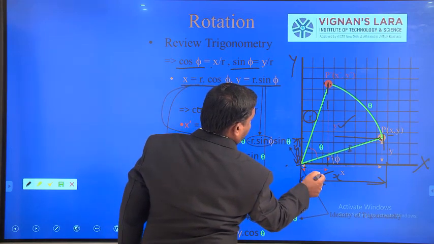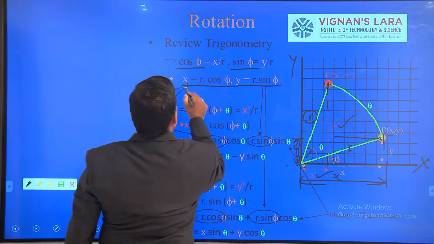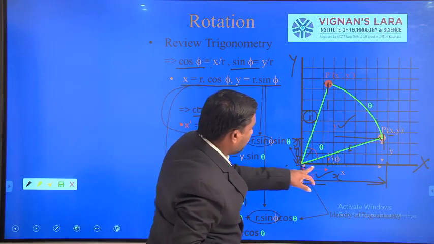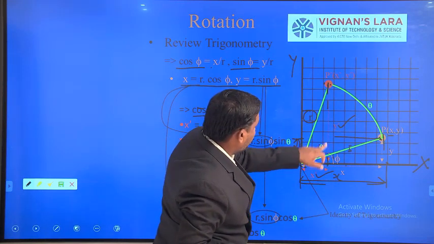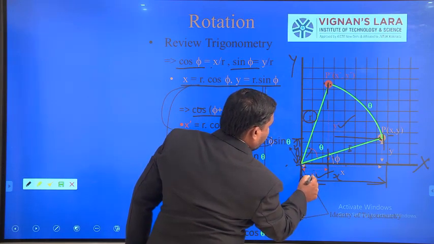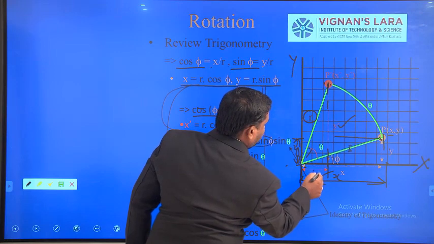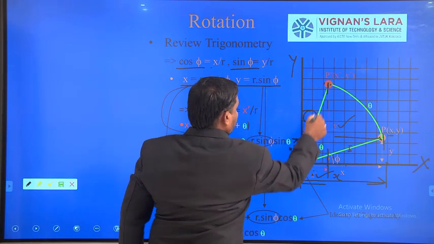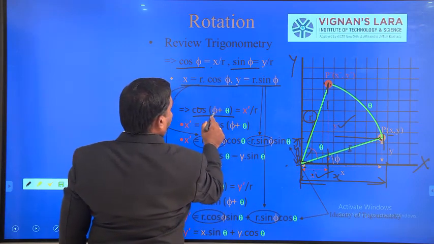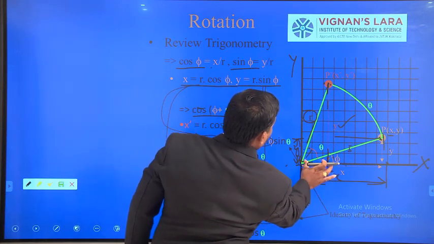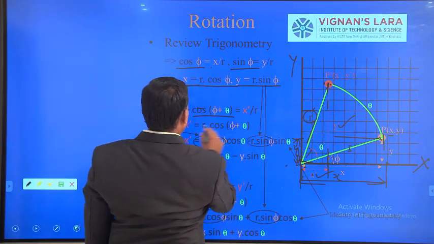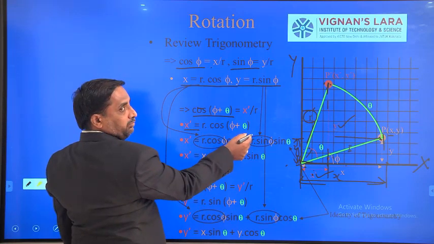Cos of theta plus phi is the adjacent side, x dash, by the hypotenuse, small r. So cos of phi plus theta equals x dash by small r. Then x dash equals r cos of phi plus theta.